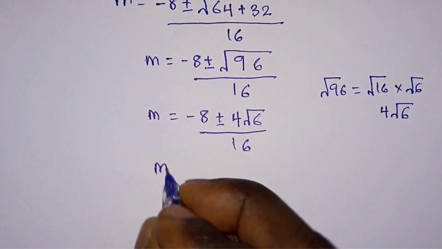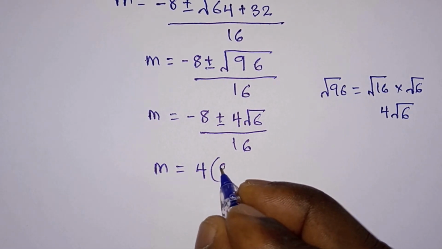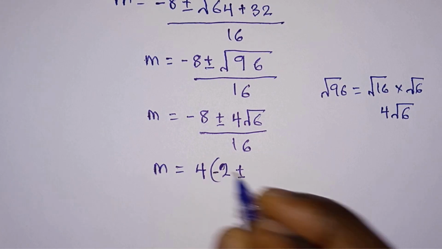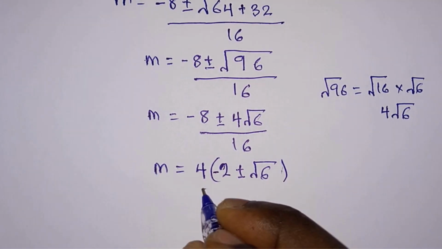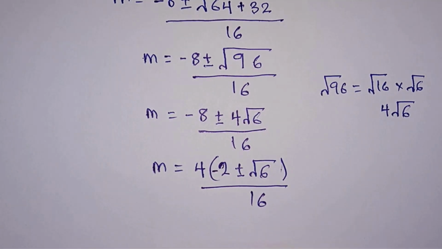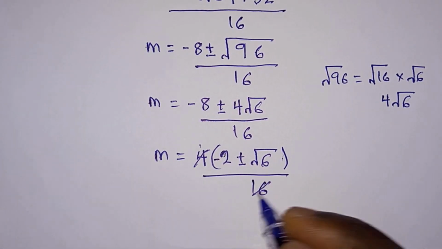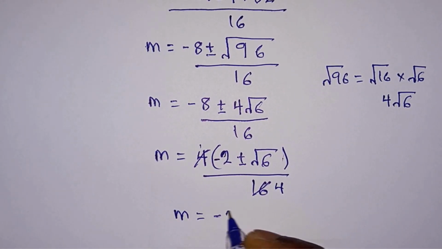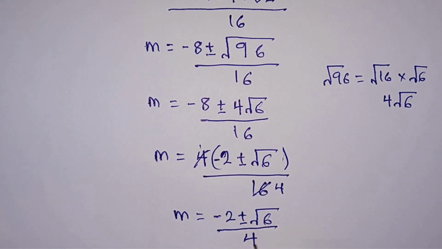So we will have m is equal to 4 times (-2 plus or minus square root of 6), divided by 16. 4 goes into itself 1 and goes into 16 4. So we have m is equal to (-2 plus or minus square root of 6) divided by 4.